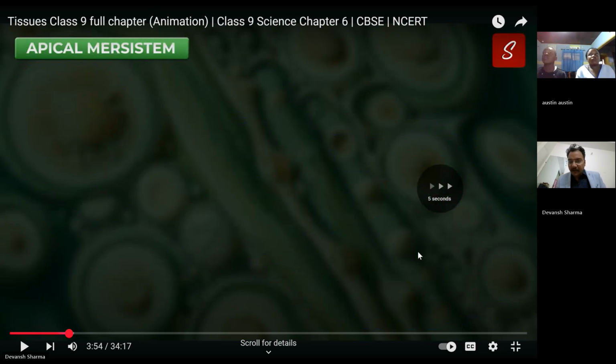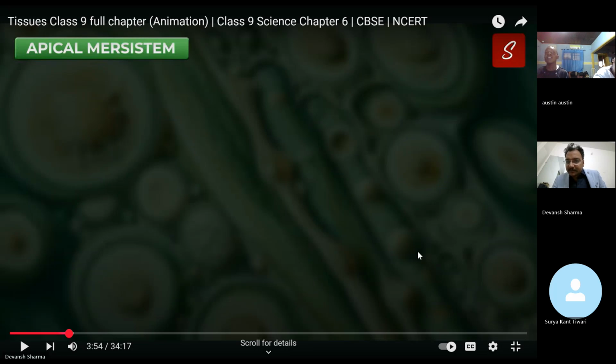Austin, understood? Tell me the three types of meristematic tissues. We have apical, lateral meristematic tissue, and the last one, I cannot recall.